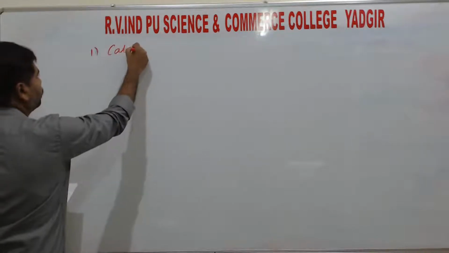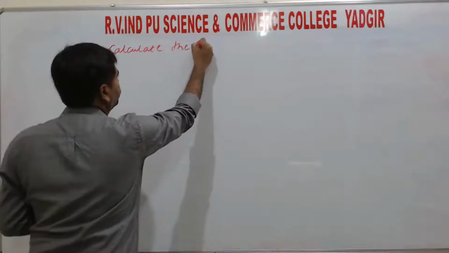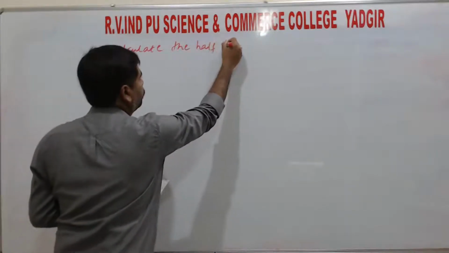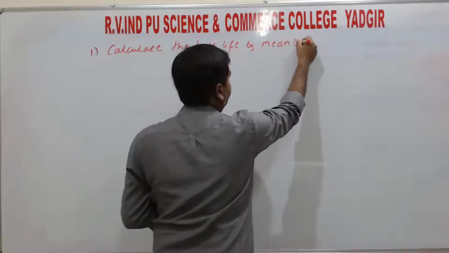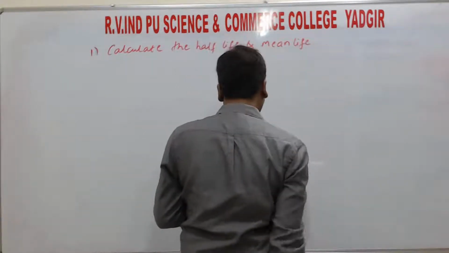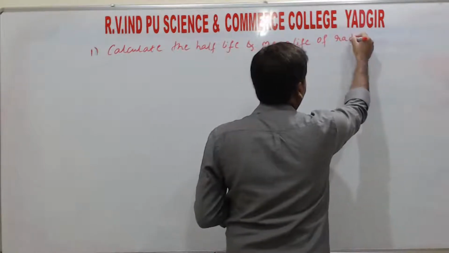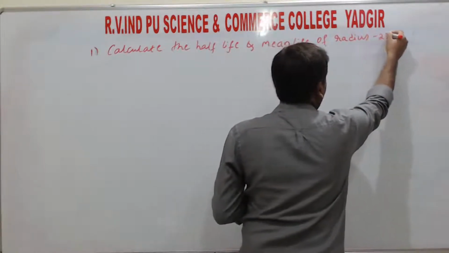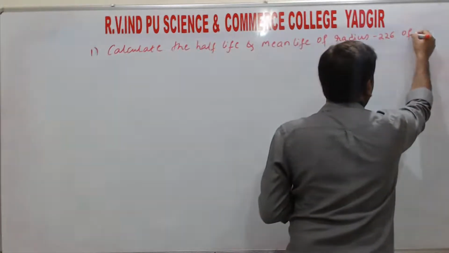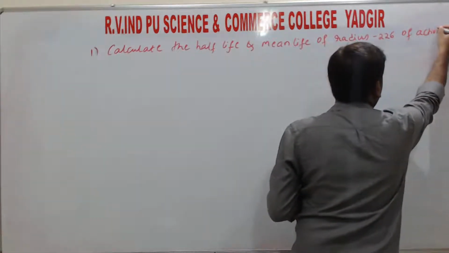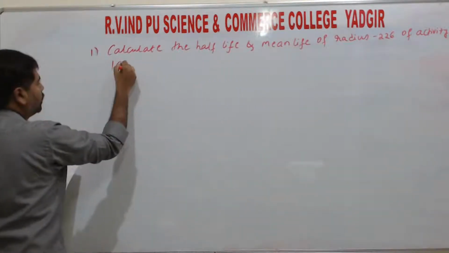Calculate the half-life and mean life of radium 226 of activity 1 Curie.